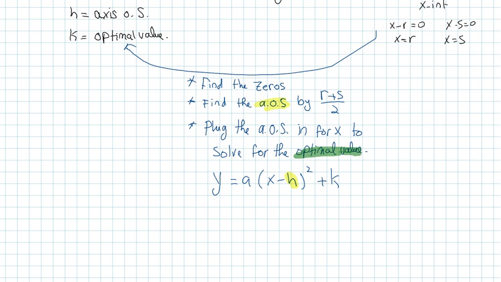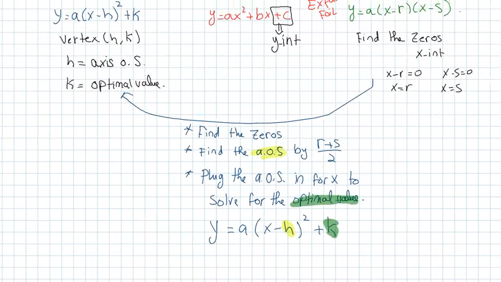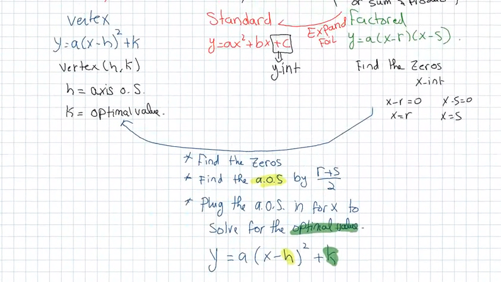Now, a question for you. What would a be? The value of a. What would it be? It will be the same as this. The value of a is going to be the same for all three formats.